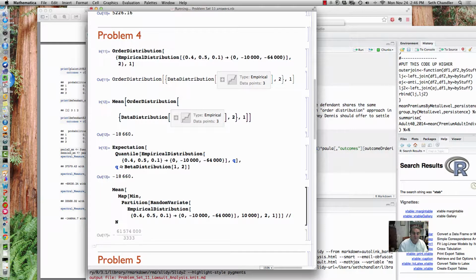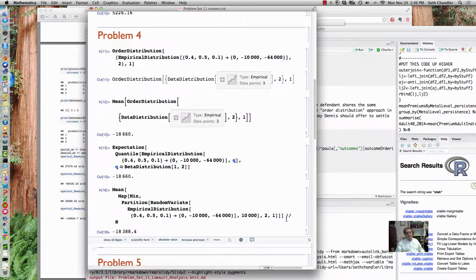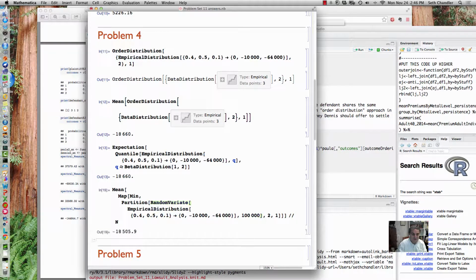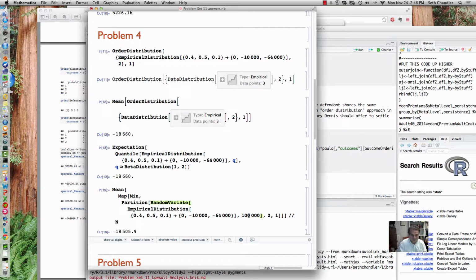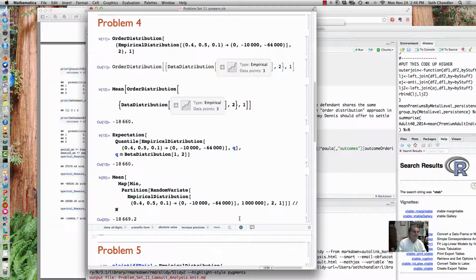Thank you, Wolfram. And in this simulation, it came out to negative 18,388. So not a bad estimate, and probably if I did 100,000 of these, we'd start to see convergence. Okay? Isn't it amazing you can just do that in draws?